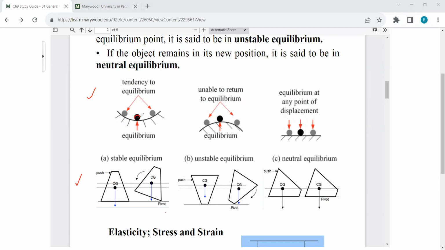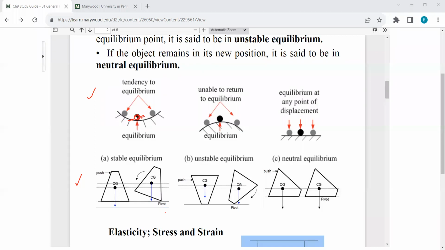Now this ball is at static equilibrium at this point, because it is at rest here. If you disturb it, if you push it a little bit in this direction, it will go up and then come back, or if you push it in this direction, it will go up and then come back.